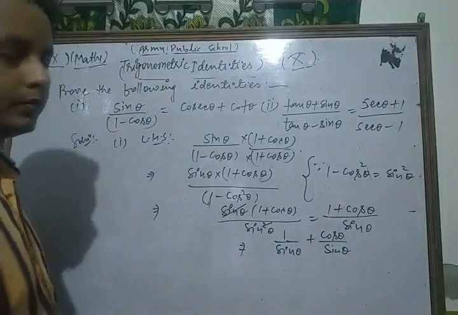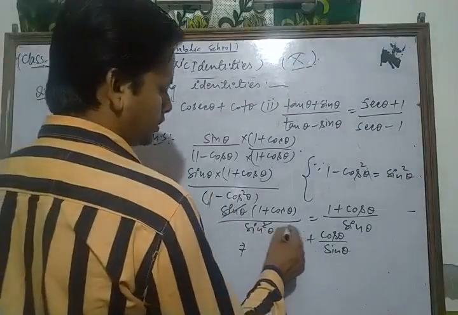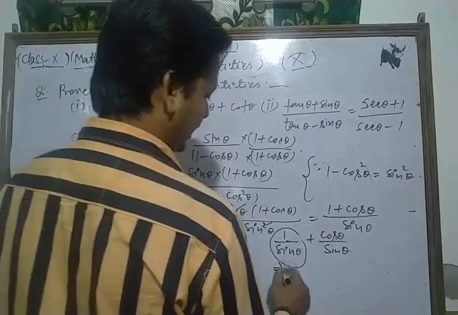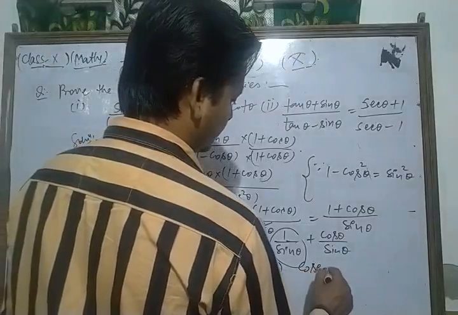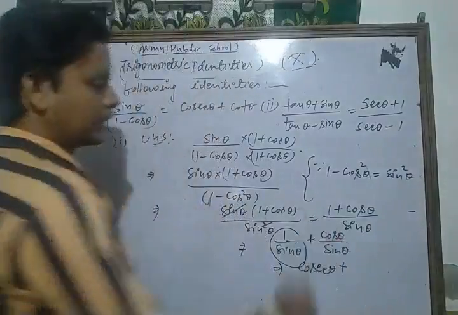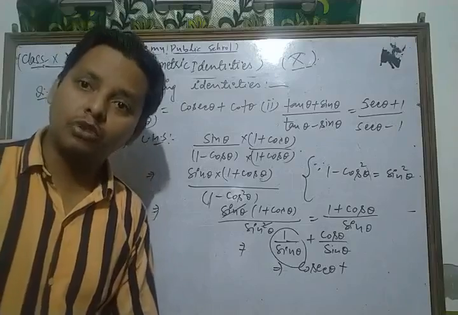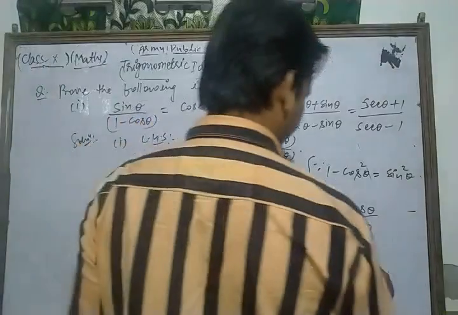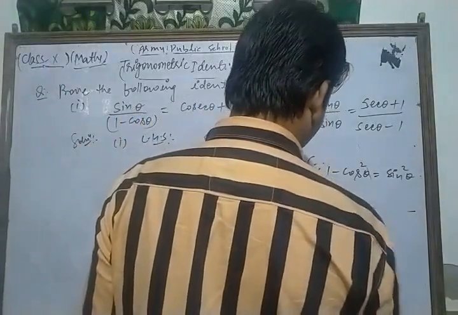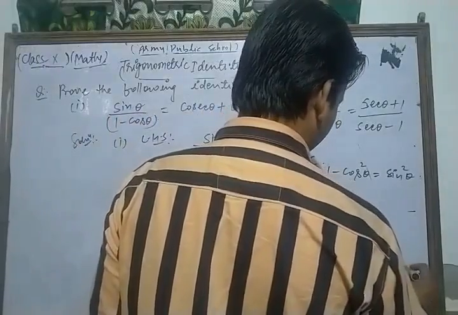Okay. Now, you know that, dear friends, 1 upon sin is what? Cosec. So we write as cosec theta plus cos upon sin. Cos upon sin theta is equal to cot theta. So here we write as cot theta. Hence, this is RHS.